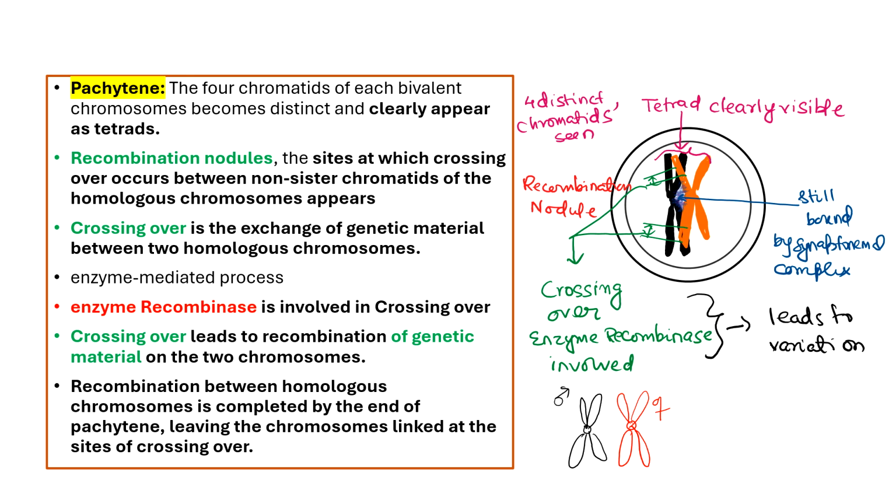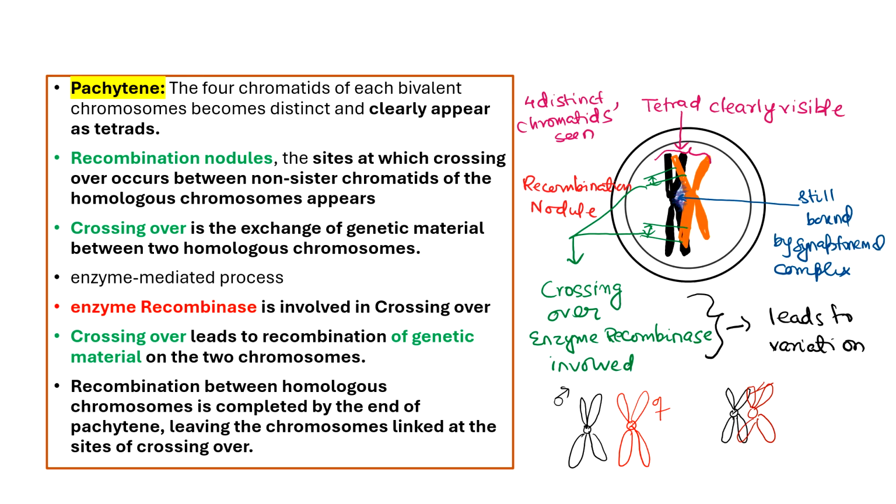Now what happens in the case of pachytene? There is crossing over. First the two will come together in the zygotene phase. After that, the two chromatids will cross, they will exchange genes between them.